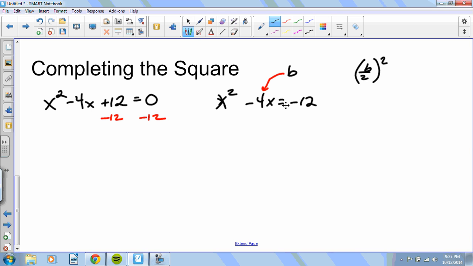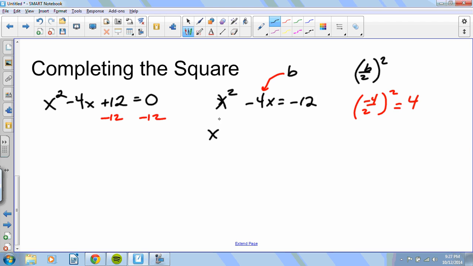That's going to give me something to add to both sides, and that'll help me create a perfect square. So if I take b, which is negative 4, it's negative 4 over 2, and if I square that, I'm going to get a positive 4. So that's what I'm going to take and add to both sides.